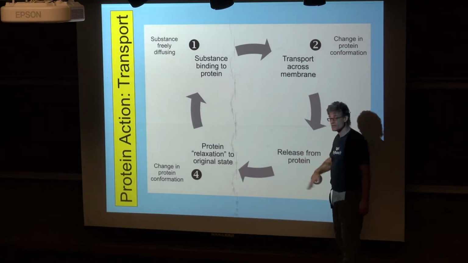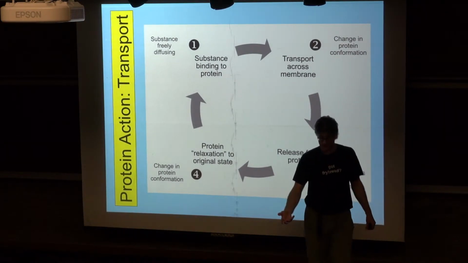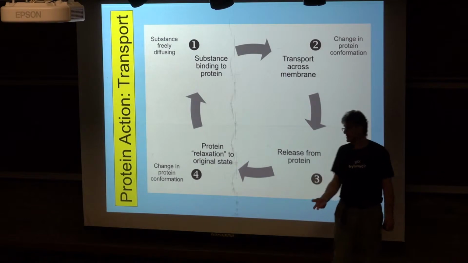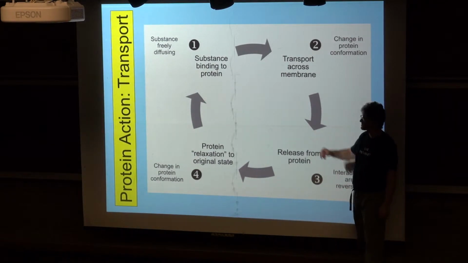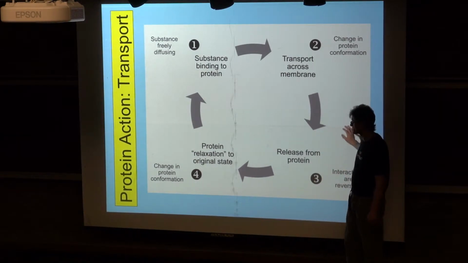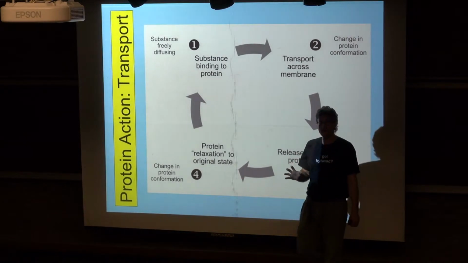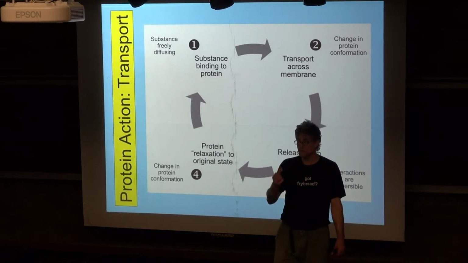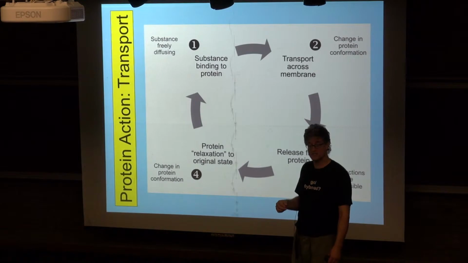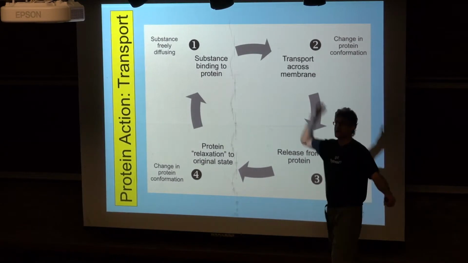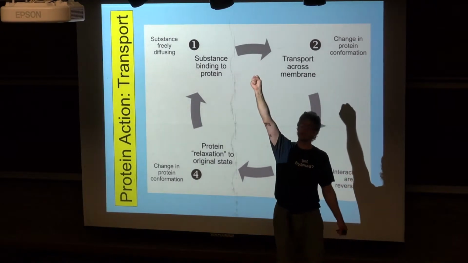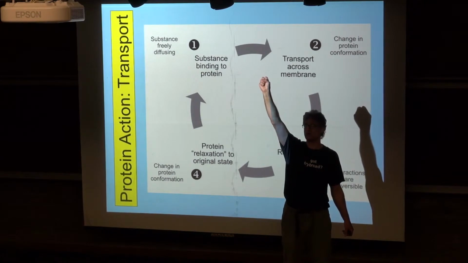Once the protein has changed its shape to where it is going, it releases the substance from the protein, which then diffuses away. And at that point, that signals the protein to fall back into its original state. So it's sitting out there, something diffuses into its equivalent of an active site.